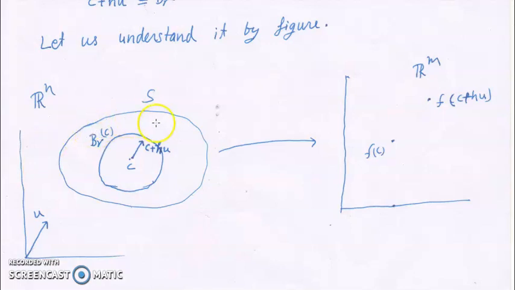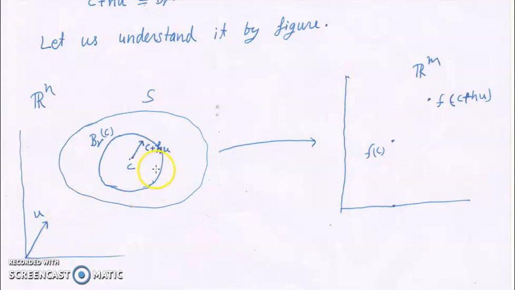But for our convenience, to make things clear, I have done it like that. Suppose this is the set S in Rn and on this set there is a point C. Because C is an interior point, we can draw a ball of radius r, which is fully contained inside S, and u is any direction.